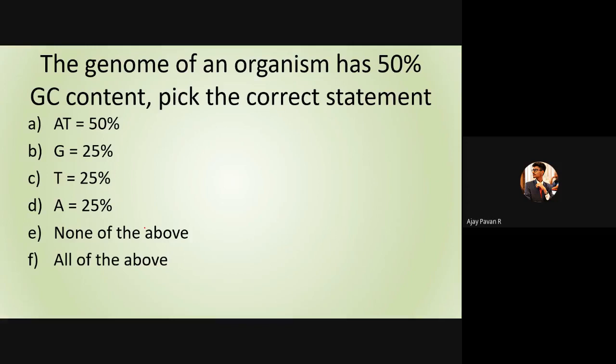A plus T is 50%. Okay. Sir, all of the above? All of the above, actually. That's right. If GC is 50%, that means G is 25, C is 25. So the remaining is 50%, which should be A and T: A is 25, T is 25. So all of the above is the correct answer.